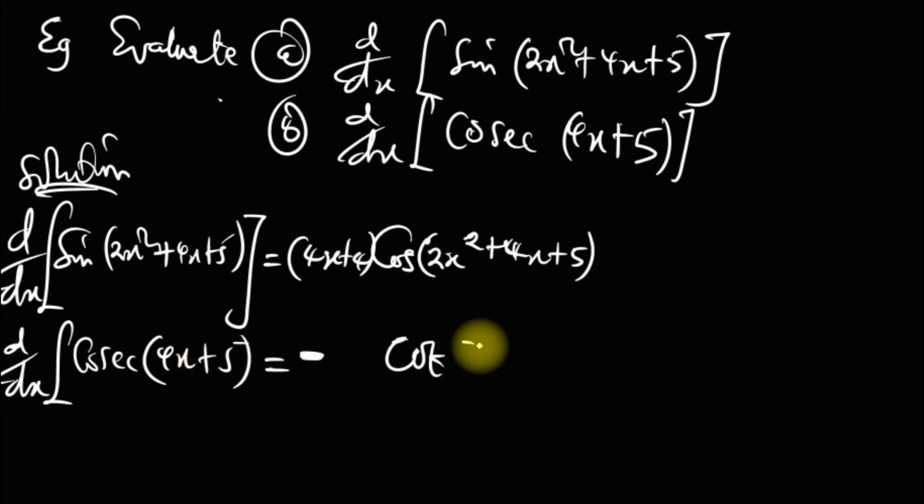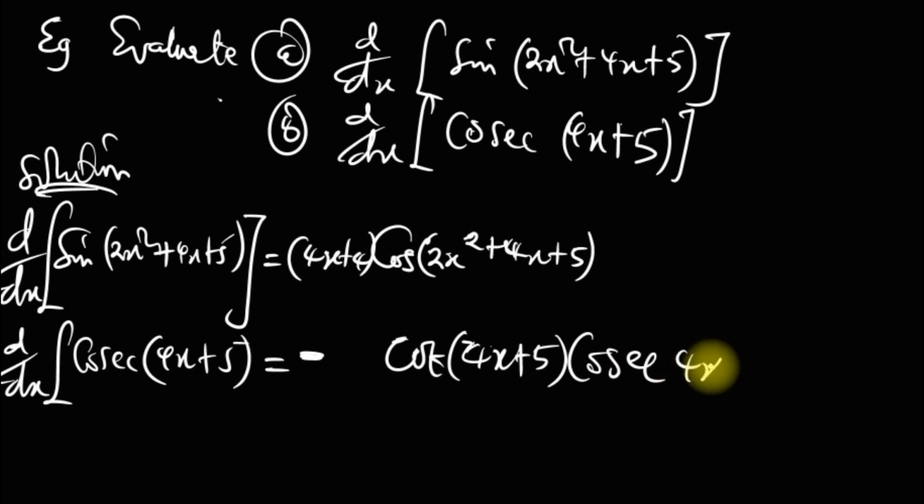Remember, this is the inner function 4x plus 5, and cosec the same 4x plus 5. Finally, you differentiate this, and if you differentiate it, it's 4. So that's the answer. So you don't need to waste your time on it.